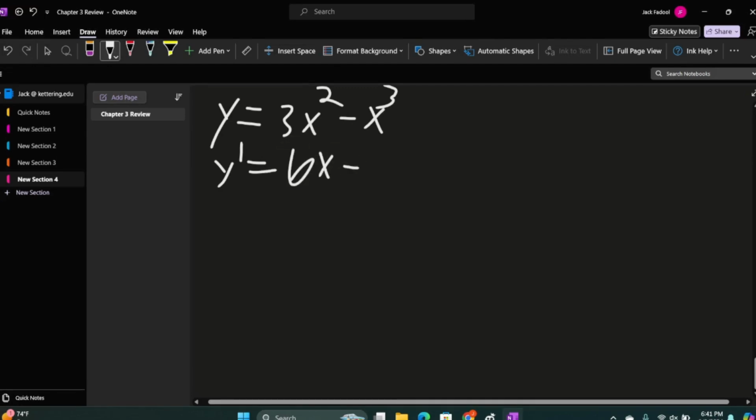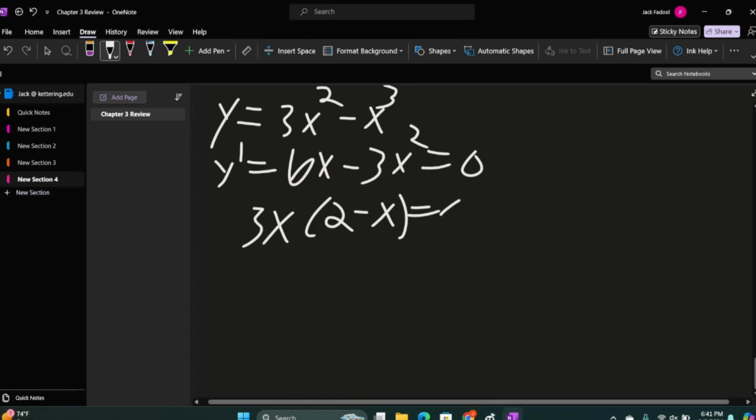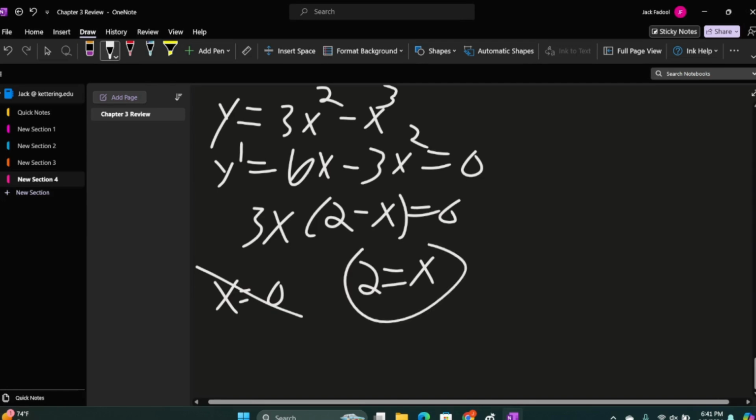So it's 6x minus 3x squared equals 0. And for this problem, we can factor out a 3x. 3x times 2 minus x equals 0. So x equals 0. Can't be that one. So it's 2 equals x.